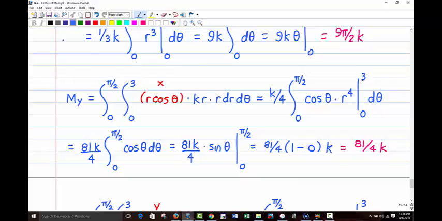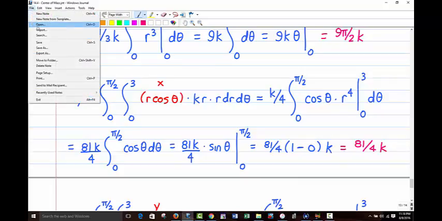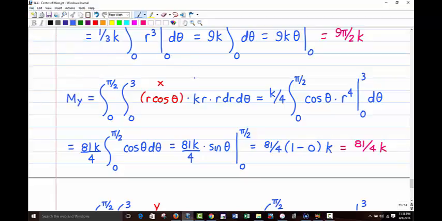So the k can come outside again. This time, though, we have 3 r's multiplied together. Same 2 that we had before, and now the r that comes with the x. So we're integrating r cubed, which will then give us 1/4, so the 1/4 on the outside, and there's r to the 4th. 3 to the 4th is 81.